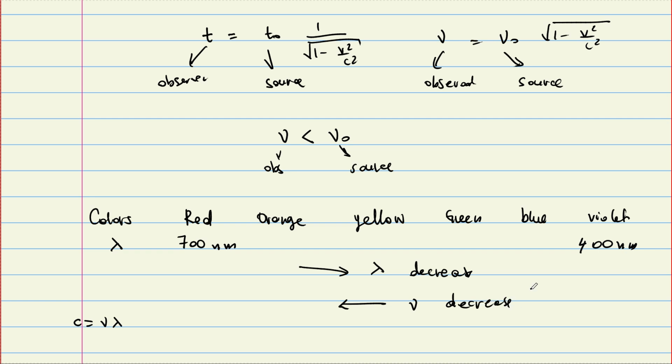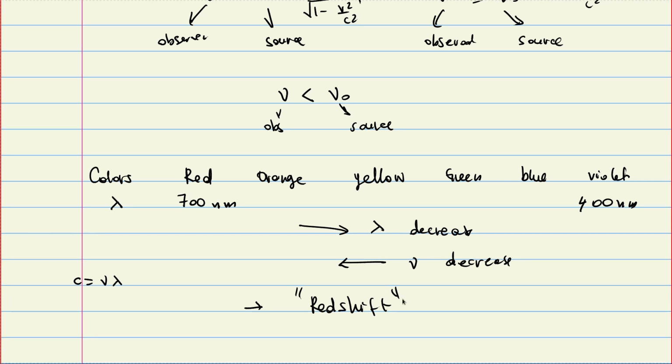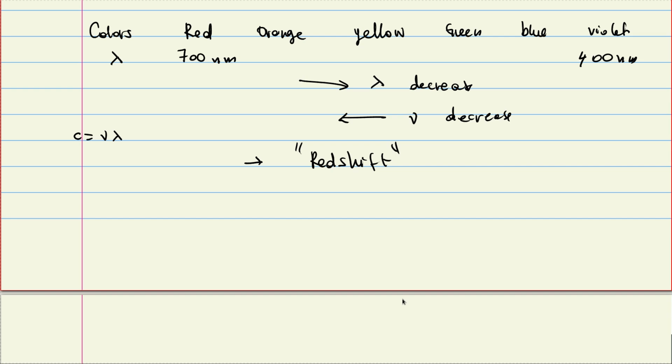Okay, now everything makes sense. Since frequency is decreasing when you go towards red, red is the decreasing frequency side, we are going to call this redshift. Okay, now everything makes sense, because I know it's supposed to redshift. That's the important terminology to keep in your head. Good? Any questions or comments?